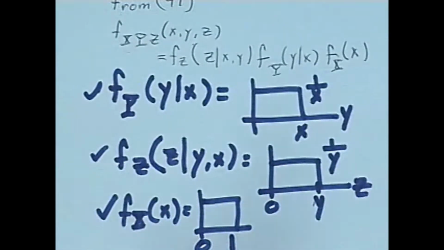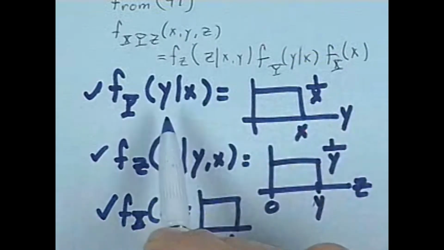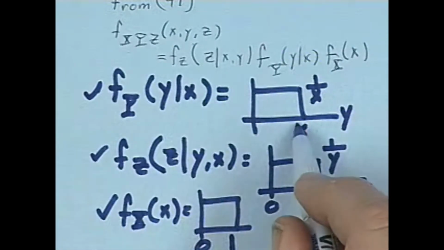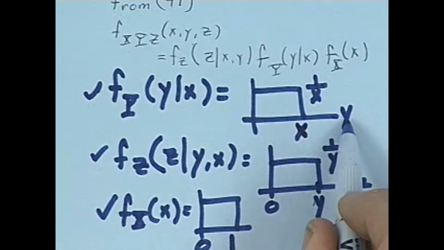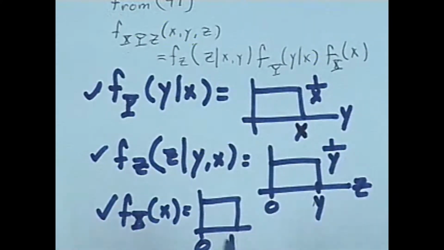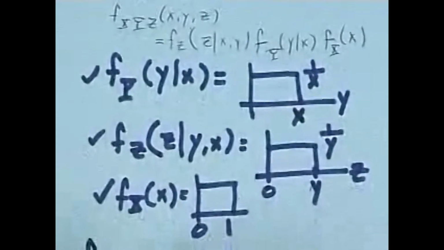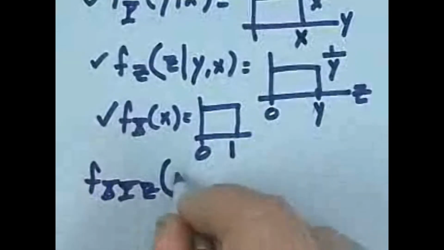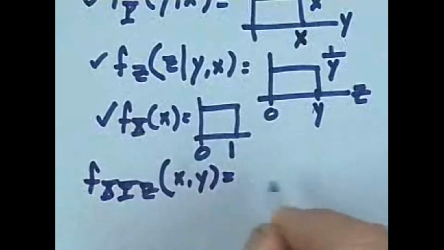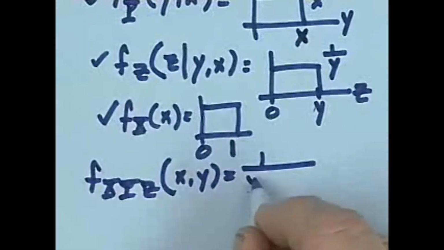Now one has to be careful here, because the value of y must be less than x. So if we could go down here, f of x, y, z is equal to the product of these things, which is 1 over x times y.